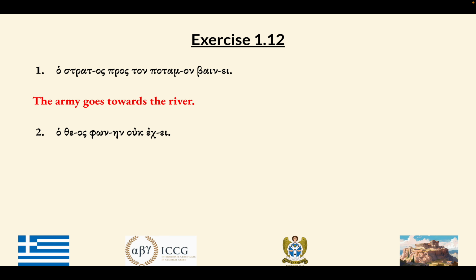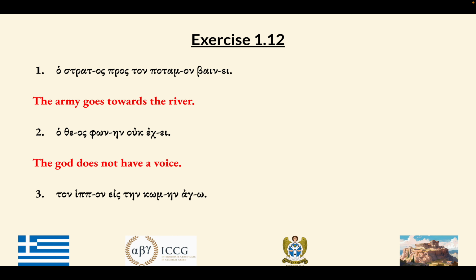Number 2, ho theos phonen uk eke means the god does not have a voice. And again, don't translate these words in the order in which they appear. Just like in Latin, look for the subject, ho theos, then look for the verb, eke, then look for the object, phonen.